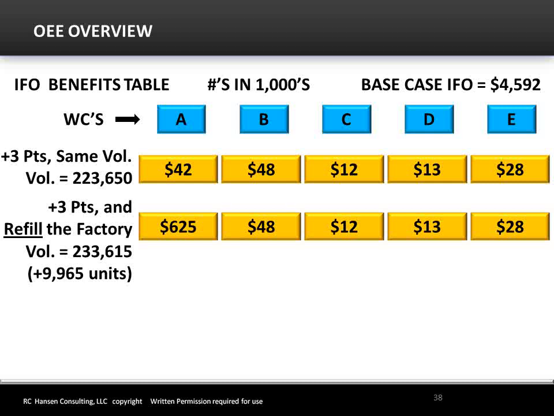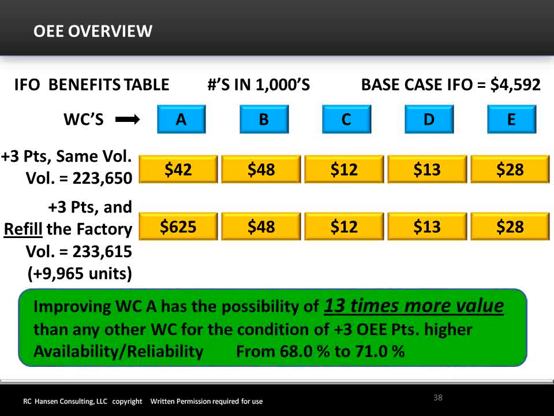Note that OEE in Work Center A improved 3 points from 68% to 71%. This is a 4.5% increase and exactly matches the increase in volume produced. What financial OEE exposes is that while OEE improved 4.5%, income from operations improved by 13.6%.